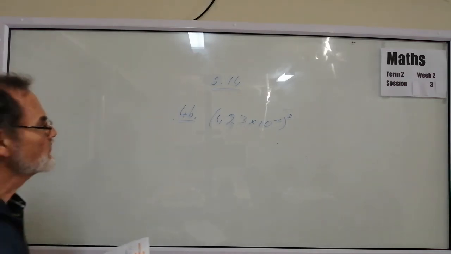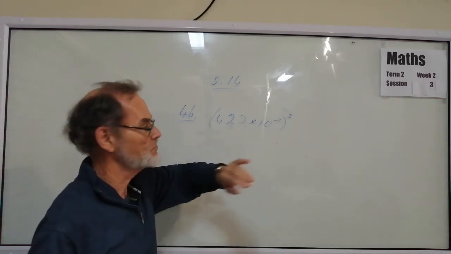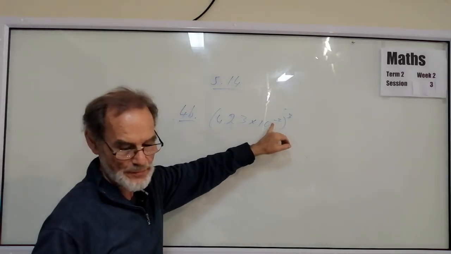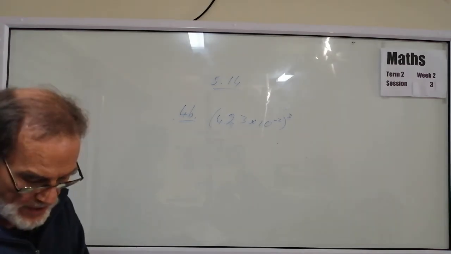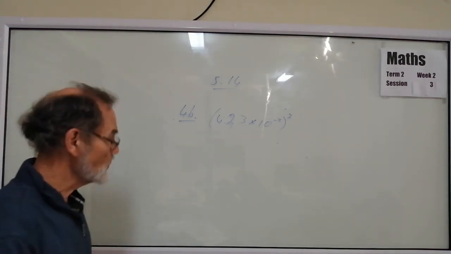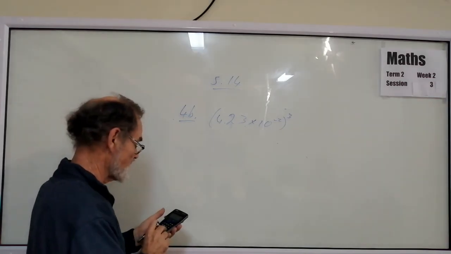So you know from your exponents, if the power is outside the brackets, you must multiply it with the powers inside the brackets. But you don't have to worry about that now, because we're doing calculator work. So all you must know is you still use exactly the same things that I just used.